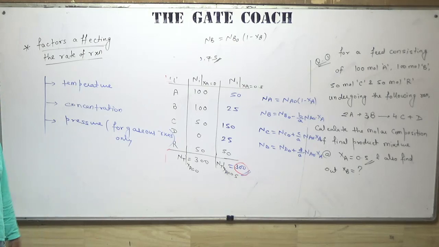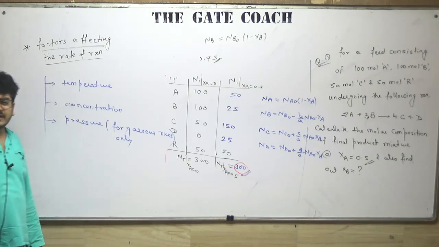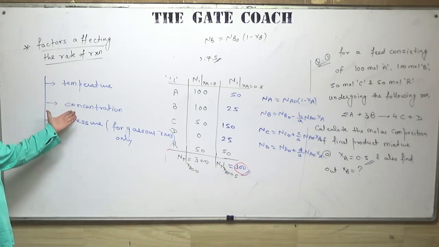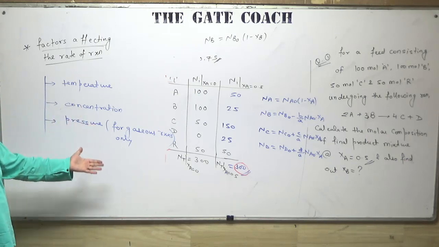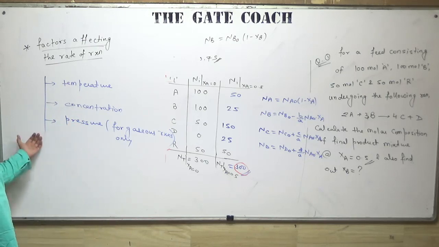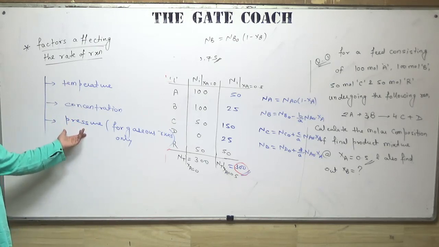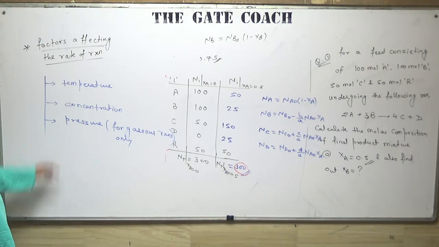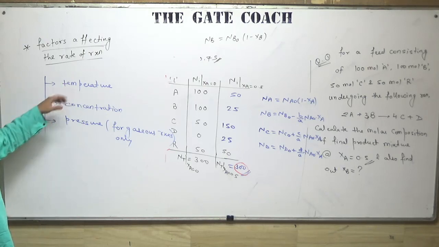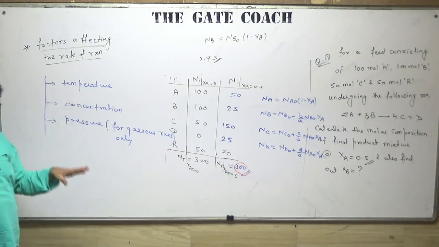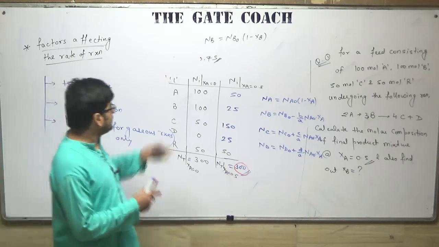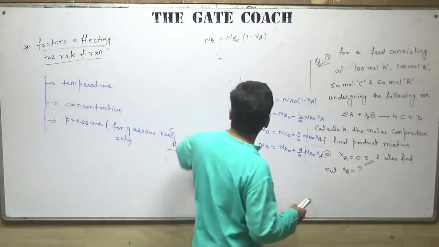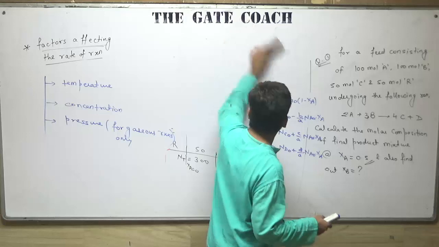Because if we are talking about gaseous phase reactions, then obviously all of us know that for gases, concentration itself is a function of pressure. So you don't need to mention this. You can use only these two parameters, temperature and concentration, because for gaseous mixtures, concentration itself contains pressure. So separately we don't need to define that thing.